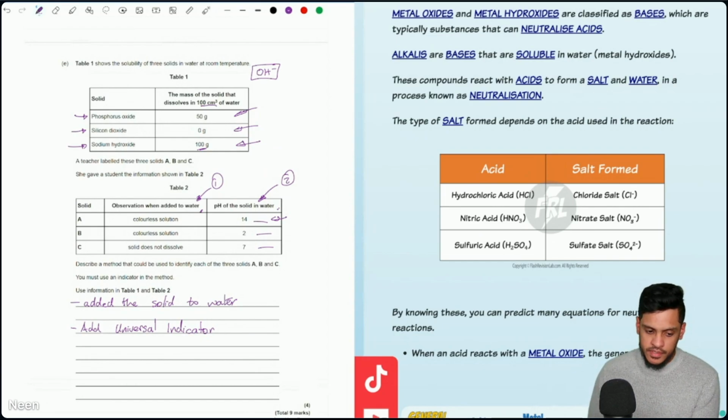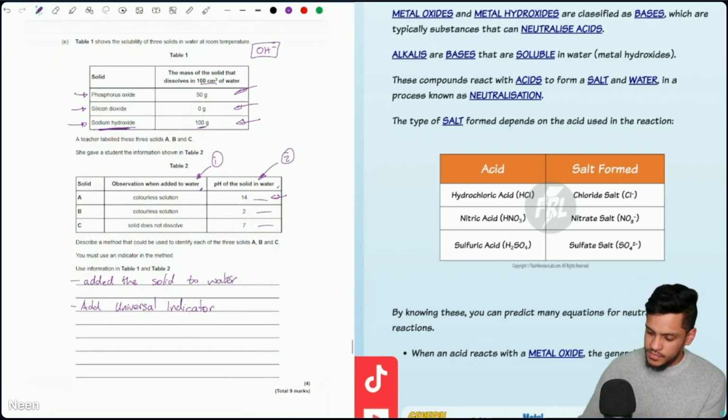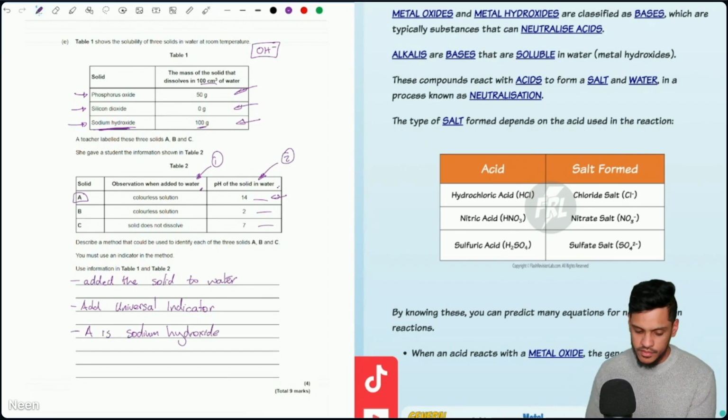So hydroxide. Yeah, exactly. So the hydroxide here must be solid A. So you can say A is sodium hydroxide.